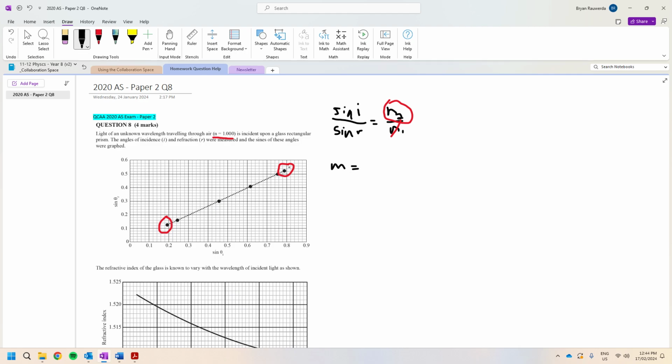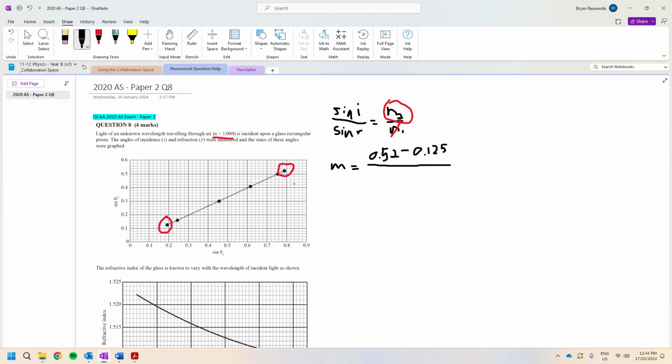So let's take a look. We've got m equal to, and our y2 is up here. If we trace this across, we have 0.52 essentially. Then we go down to the bottom point, and our y value here is 0.125-ish. Probably should only go to 2 decimal points for precision because of the way the graph is set up, but we'll see how this goes.